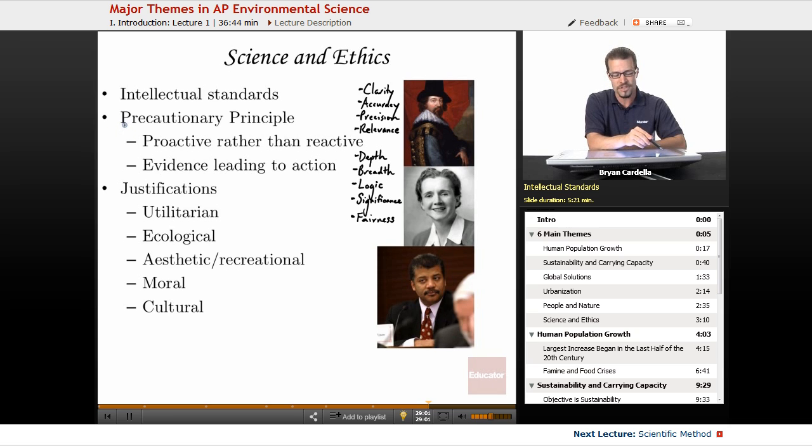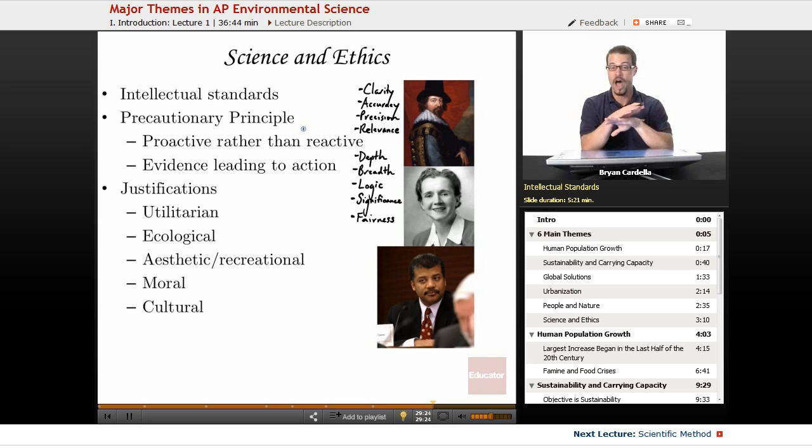And related to all those comes the precautionary principle. The precautionary principle states that, hey, if we have a sense that we are changing the environment in a negative way and we're impacting the environment in a way that has the potential, at least the potential, to negatively affect us and our future generations, we need to get on the solutions now.